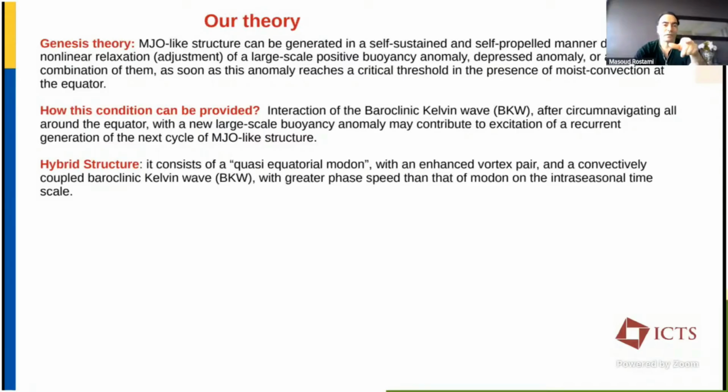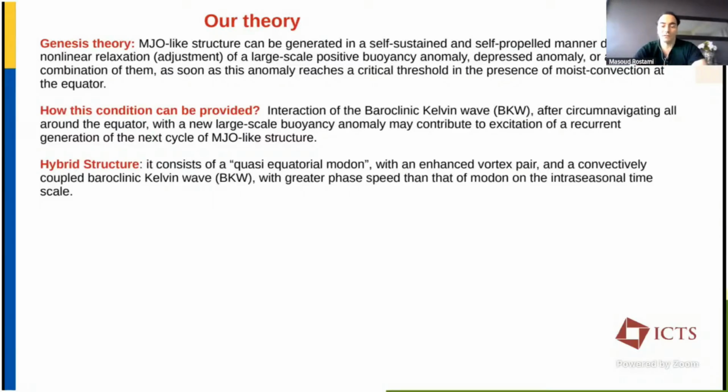And in fact, here we have an interaction of the baroclinic Kelvin wave, and after circumnavigation of this upper layer structure, which is also dry, once it hits a new buoyancy anomaly over the Indian Ocean, it can trigger a new cycle of the MJO.